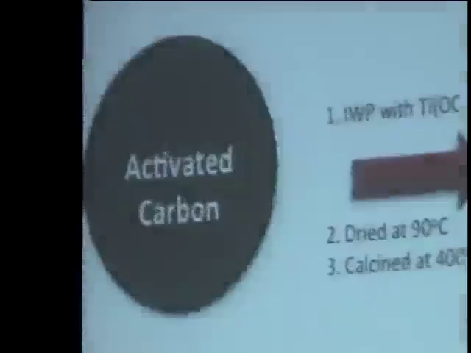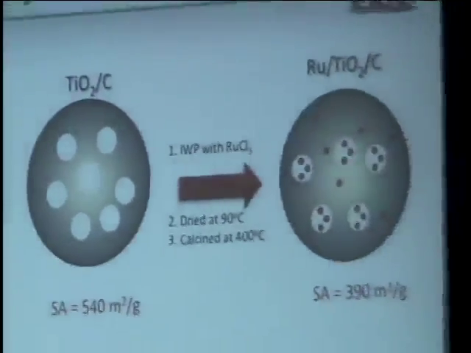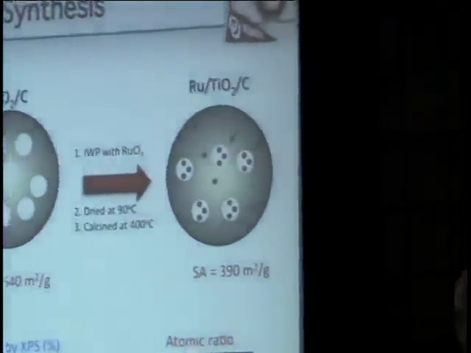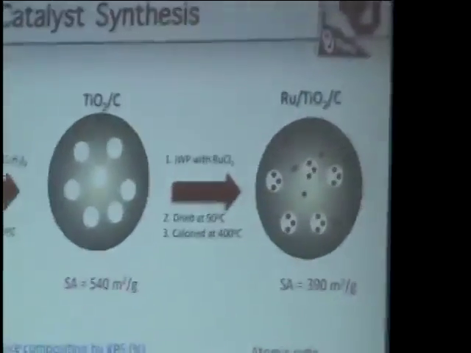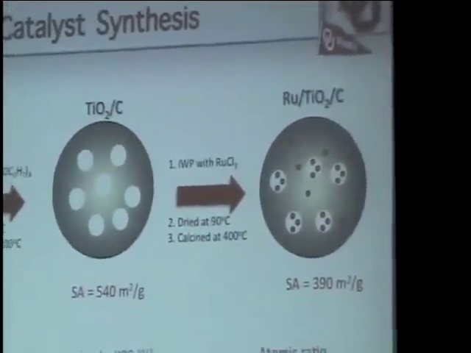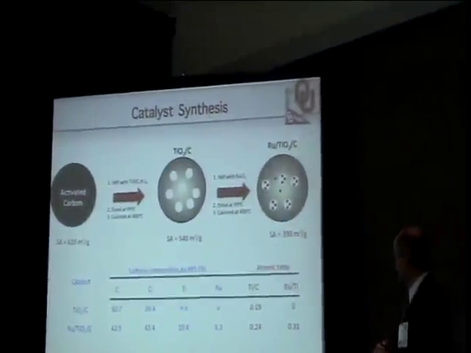In order to do that, we tested different catalysts, and the best has been one supported on activated carbon, on which we deposit titanium isopropoxide so we can get very high dispersion of titanium. On top of that, we put ruthenium to have this pair of a metal with a reducible oxide. We have done very good characterization by XPS and other techniques.